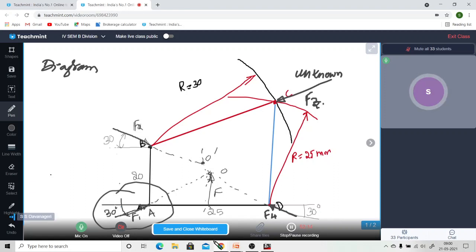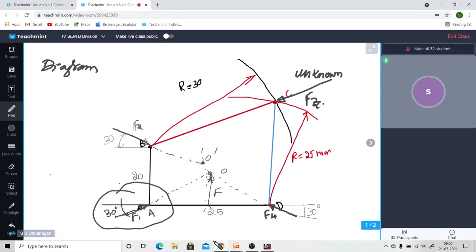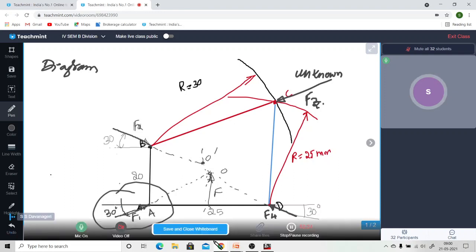Now F2 is unknown here, correct? Direction is known, but magnitude unknown. Now as you got O dash here, to know the direction of F3 and to get the system in equilibrium condition, the three forces' lines of action have to be concurrent, on a point of concurrency.